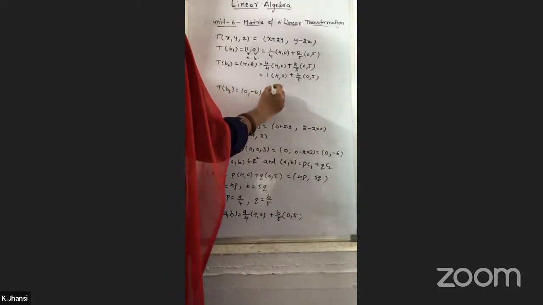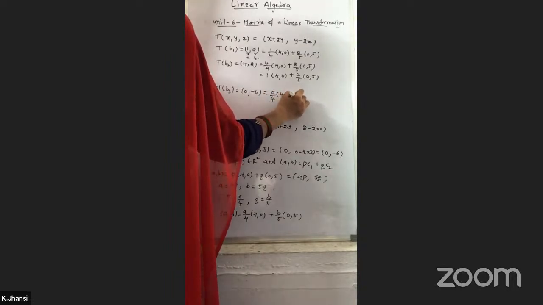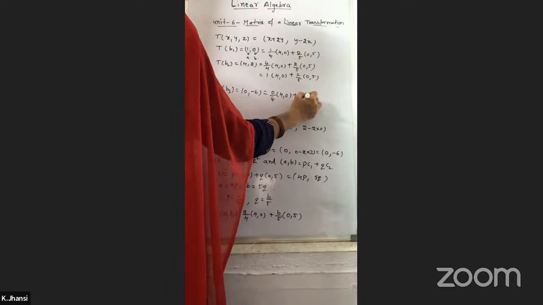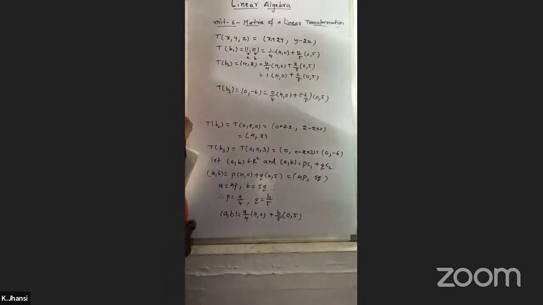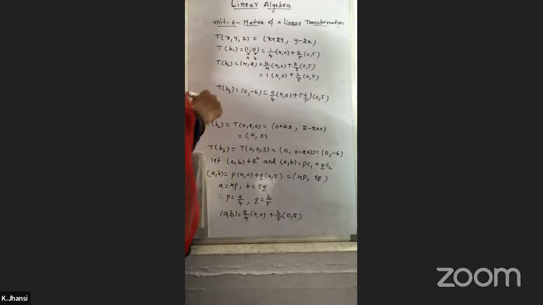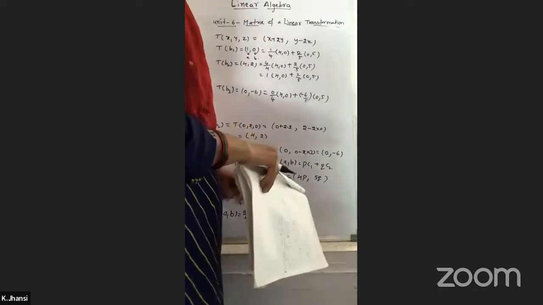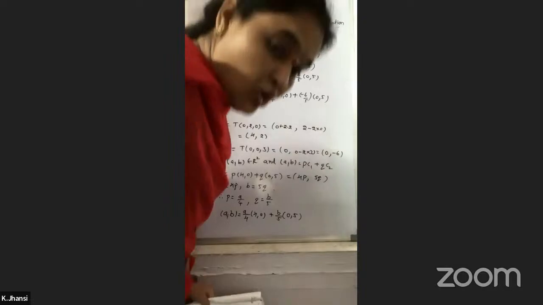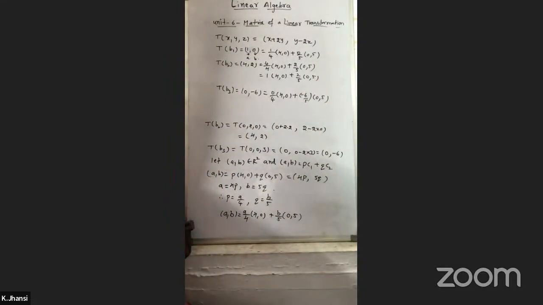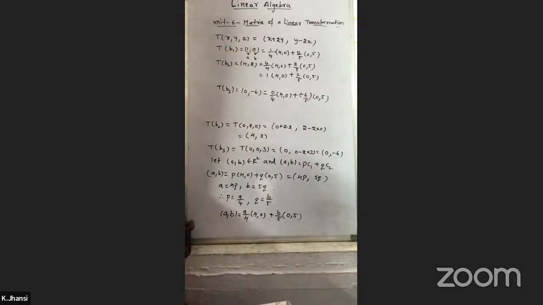So A is 0, 0 by 4 into (4, 0) plus minus 6 by 5 into (0, 5). Okay. Now we need to write the matrix of the linear transformation with respect to two bases. First basis is B1 and second basis is B2. So with the help of that, you have to find the matrix of the linear transformation.